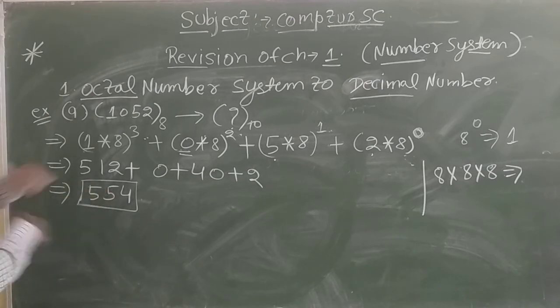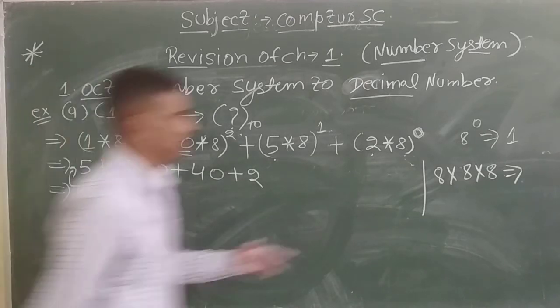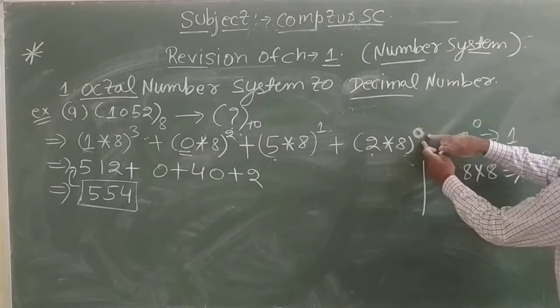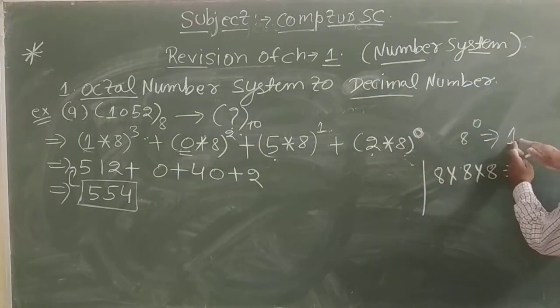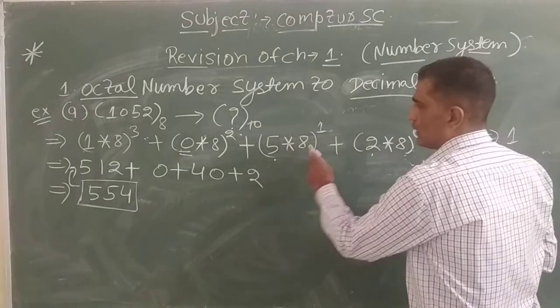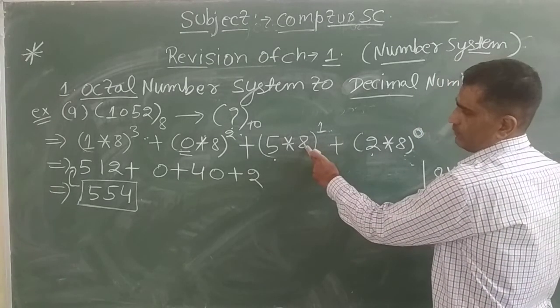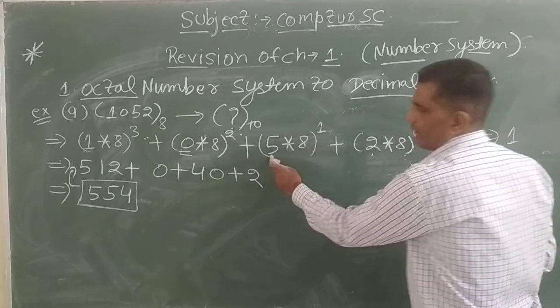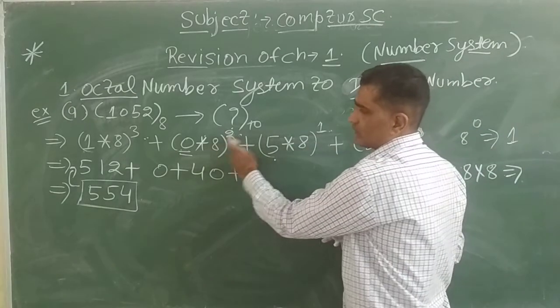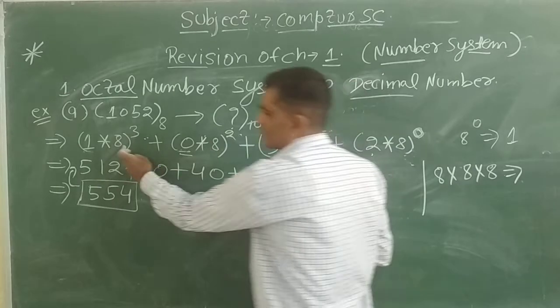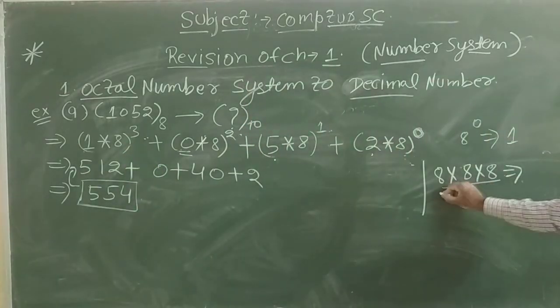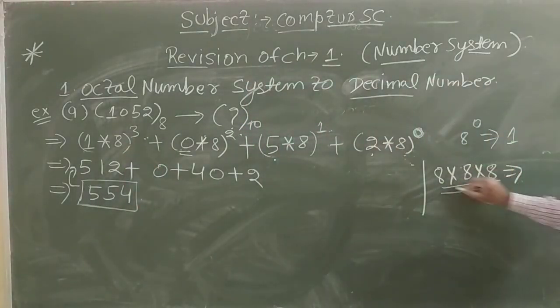First of all, we have to discuss the upper side again. 8 power 0 is 1. 1 multiplied by 2 is 2. 8 power 1 is 8, 8 5s are 40. 8 power 2 is 64. 64 multiplied by 0 gives 0. 8 power 3, we multiply 8 three times: 8 8s are 64, multiplied by 8, 8 4s are 32, write 2, carry 3, 6 8s are 48, 48 plus 3 is 51, so 512.